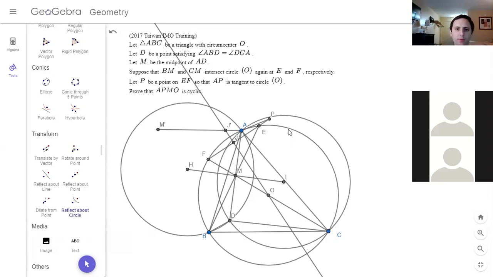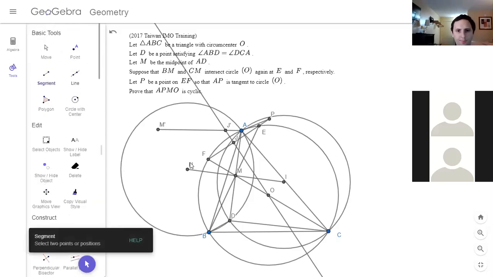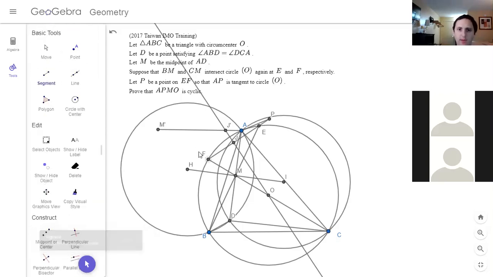Yeah, this is kind of interesting because M is the midpoint. Well, actually, it's tricky. Basically, if we could show J prime and M prime are collinear with A, that would solve it.